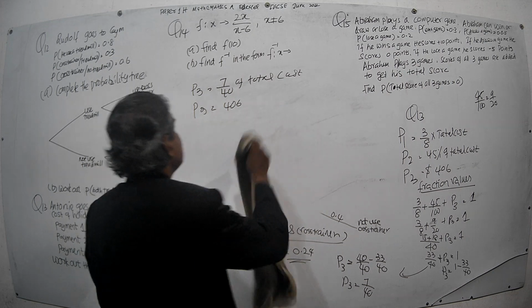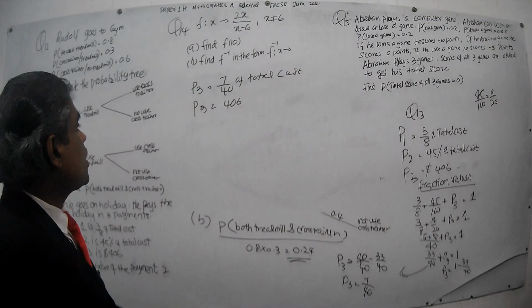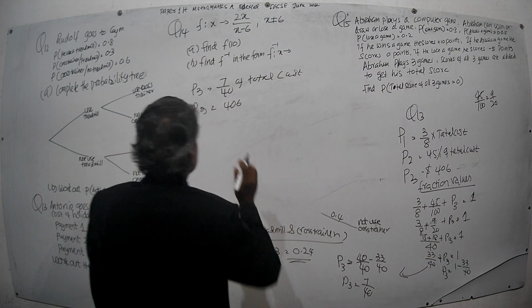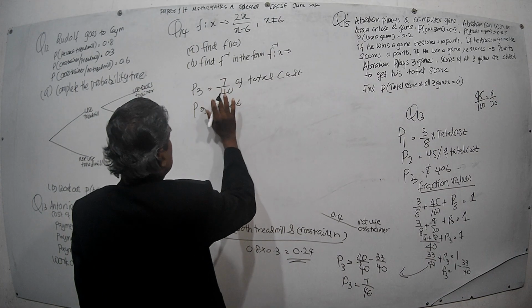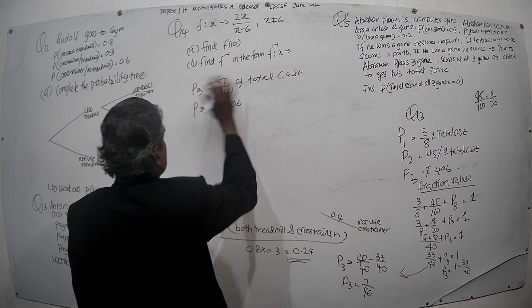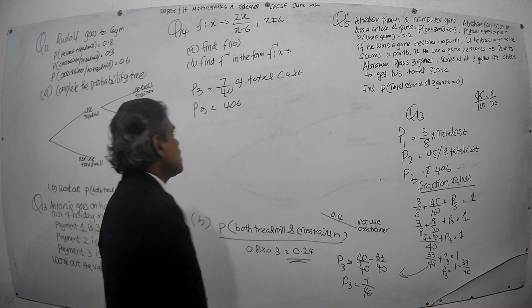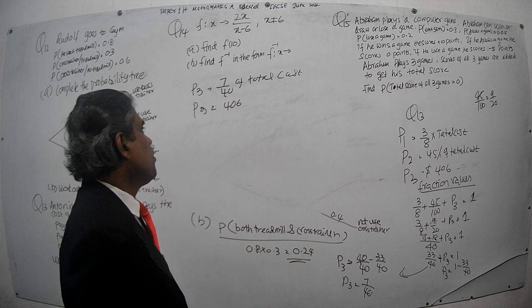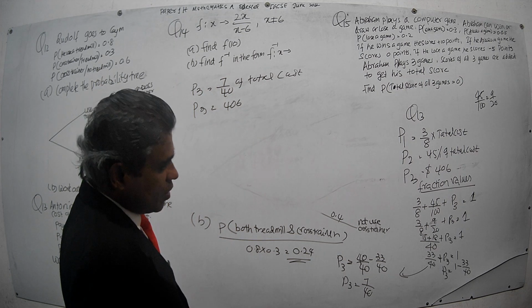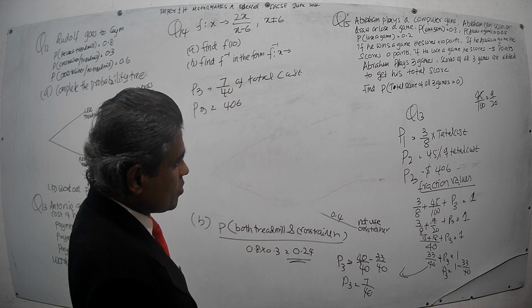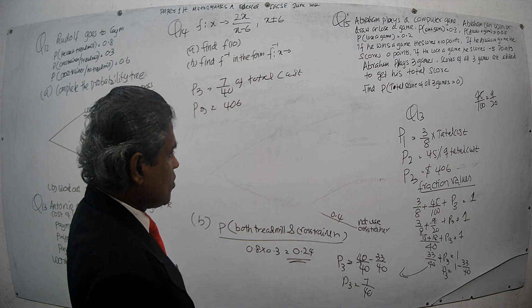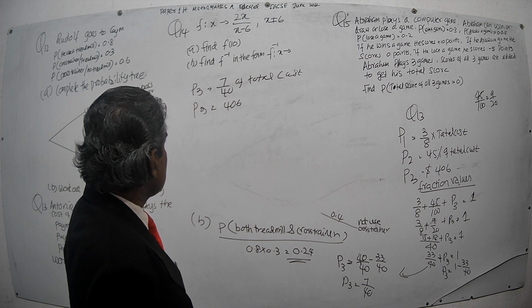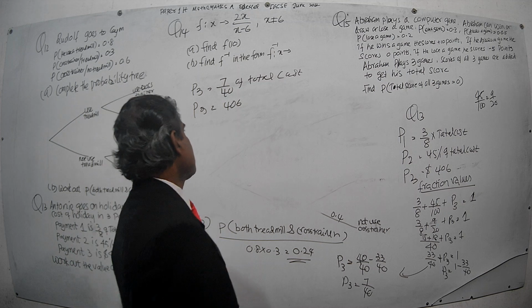This is the way. Okay. Now, what does this mean? 7 over 40, that means if the total cost is 40 parts, 7 parts is the cost of P3, right?